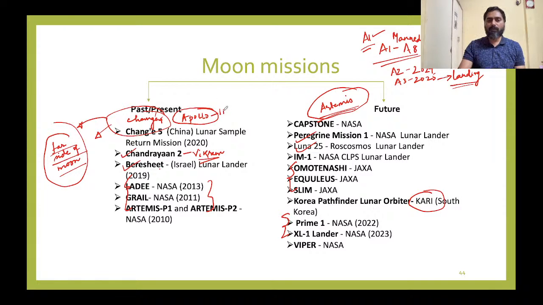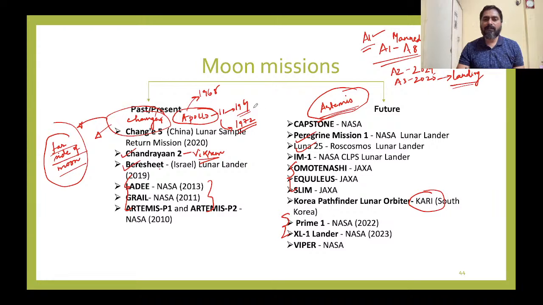Apollo 11 was the first manned landing mission. The Apollo program had started in 1968, but the Apollo 11 mission was sent in 1969, and in this mission Neil Armstrong and Buzz Aldrin landed on the surface of the moon. Michael Collins also went with them but remained in the orbiter, while Armstrong and Aldrin landed, launched back, and rejoined Collins, and then they came back to Earth. The Apollo program continued till 1972.